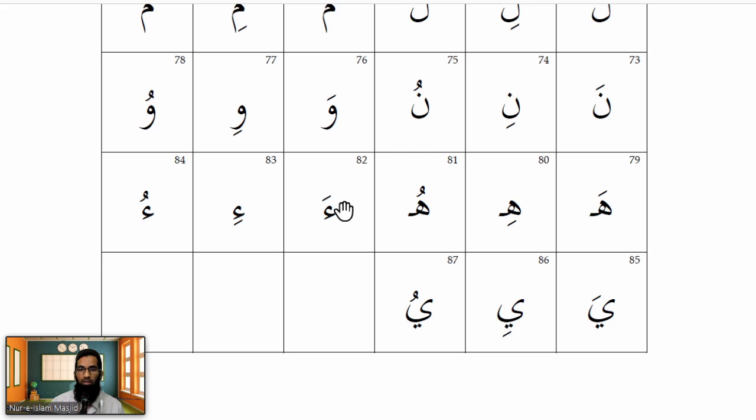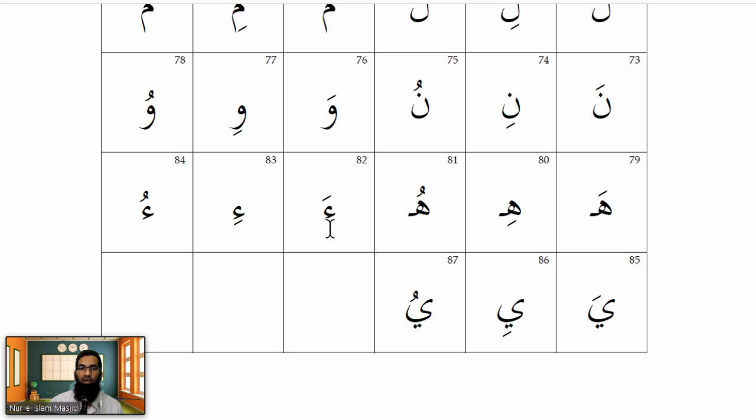Although the name of the letter is Hamzah, it's actually pronounced as a. The rest of them take the actual sound of the letter, like noon, n. But hamza is a. I hope that's clear enough, inshallah. That's the only one that has that little issue.